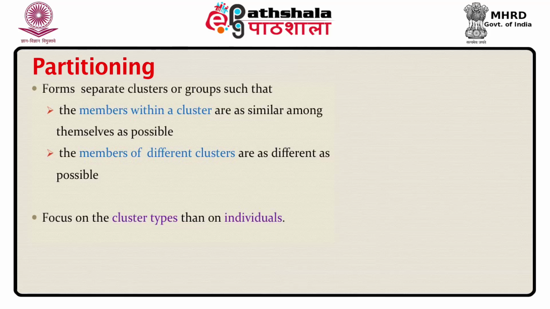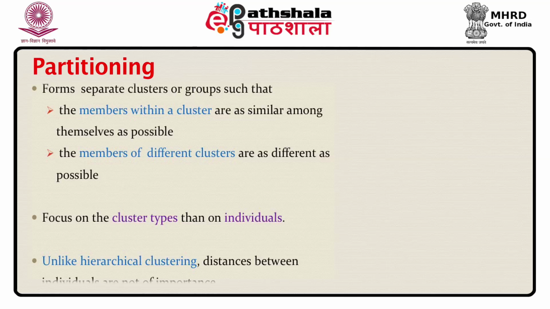In partitioning, as we mentioned before, we are focused on the cluster types and not on the individuals. So unlike hierarchical clustering, distances between individuals within clusters are not of importance, and we very seldom measure this. It is only the distinct clusters and the distance between these clusters that we are interested in.